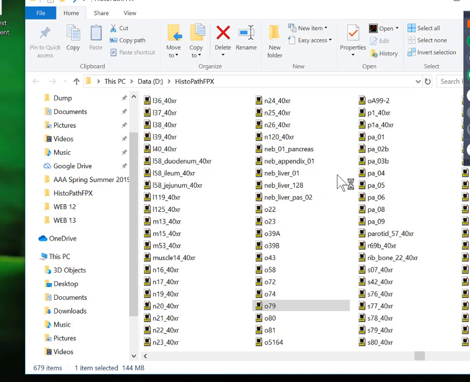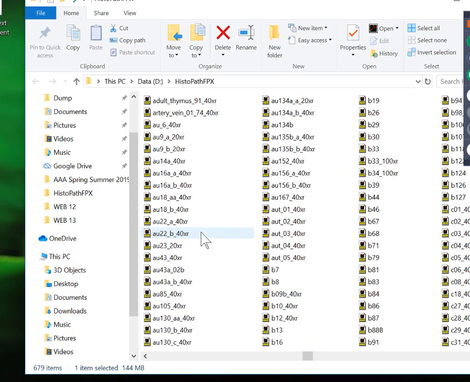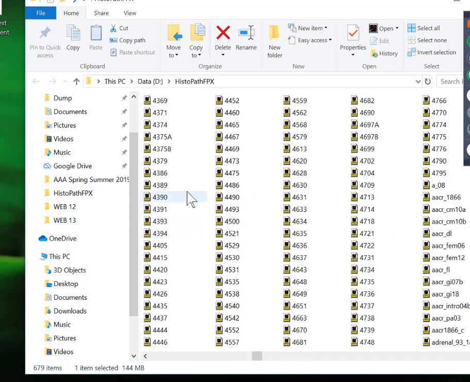Let's go to another area here, which is going to be kind of interesting. Now we're in another part of the body, and it'll be slide 4390, which is going to be approximately over here. And let's see how fast our microscope is working today.